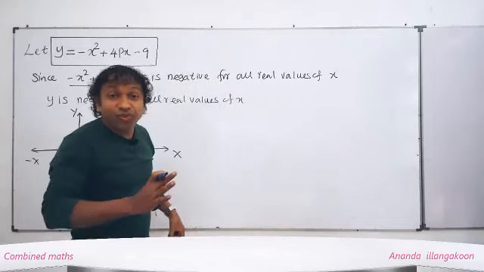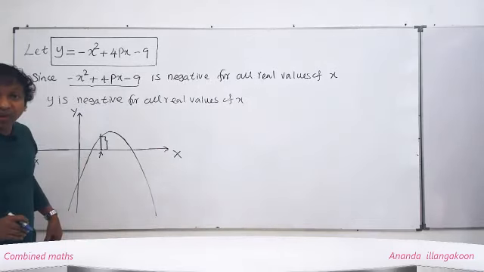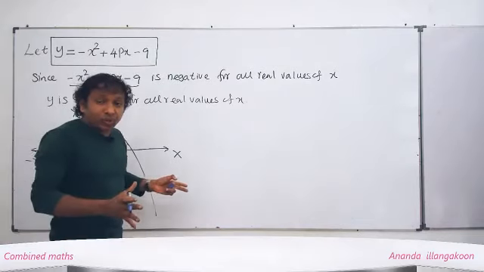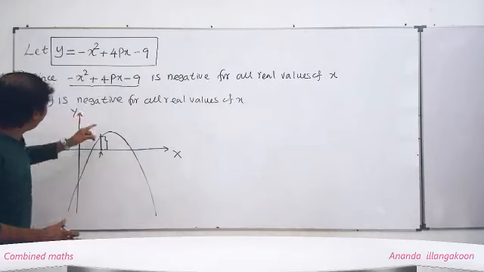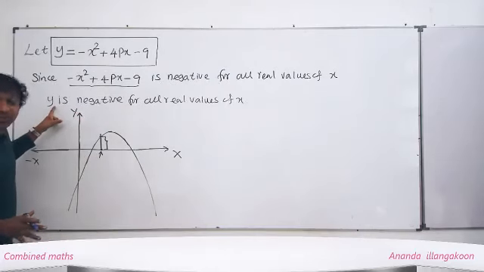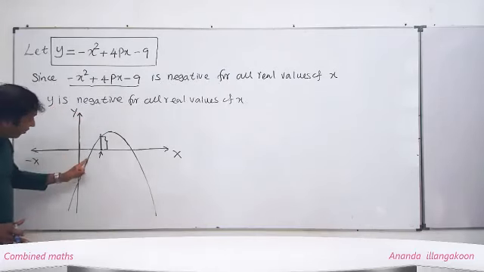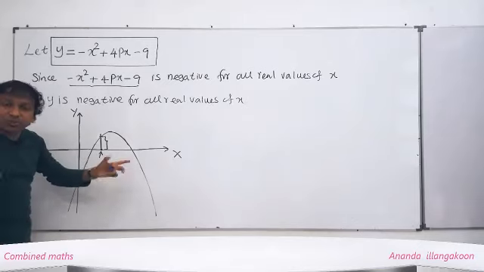That is the meaning of for all real x. While we are walking like that from negative infinity up to positive infinity, this y value of this graph should be negative.